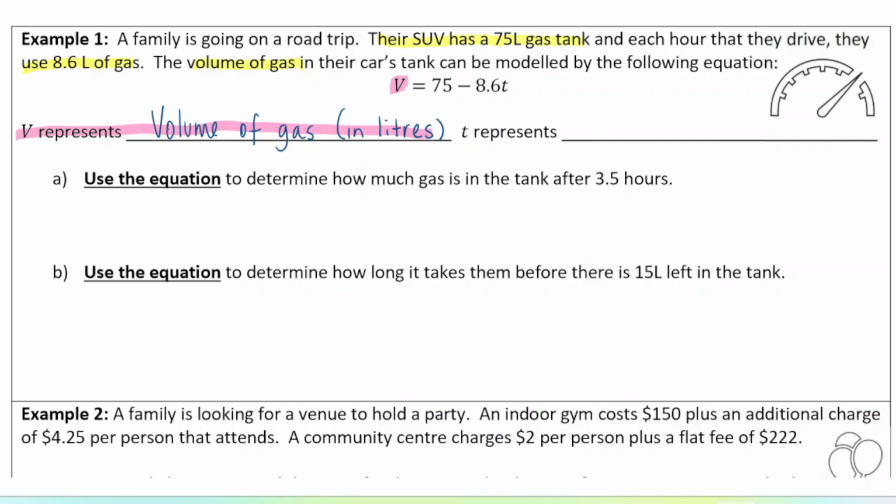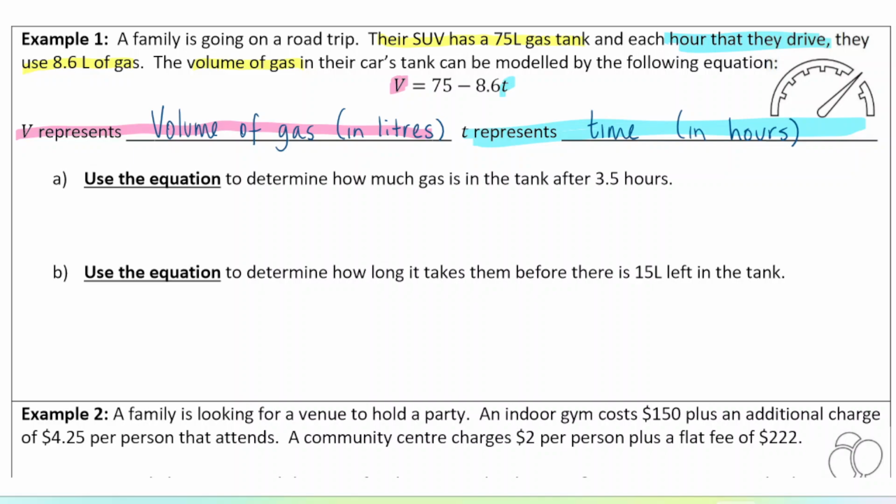And T, the question is talking about each hour that they drive, so T probably represents time here. That makes sense because the 8.6 liters of gas is what is used up every hour. So we'd say time in hours, again, including the unit.